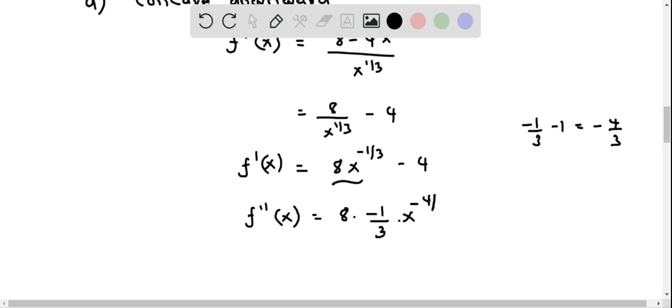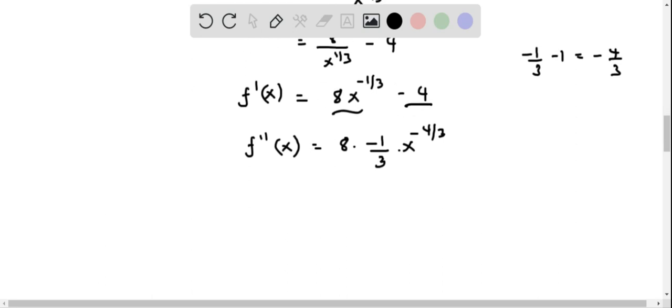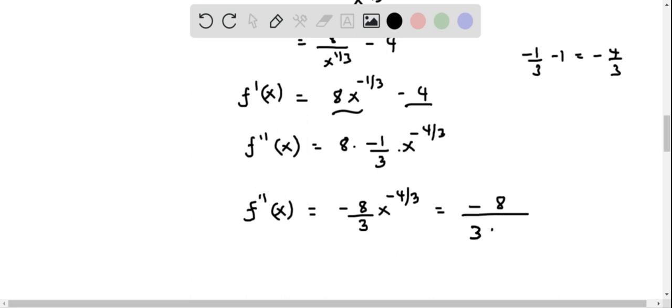So this is negative 4/3. The derivative of negative 4 is 0, so we just ignore that. Let's simplify this. This is f double prime of x, and this equals negative 8/3 x to the power negative 4/3, or otherwise we can write this as negative 8 by 3x to the power positive 4/3.